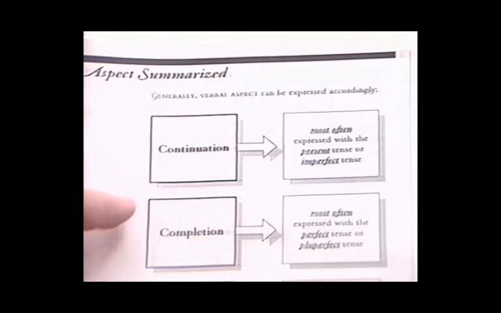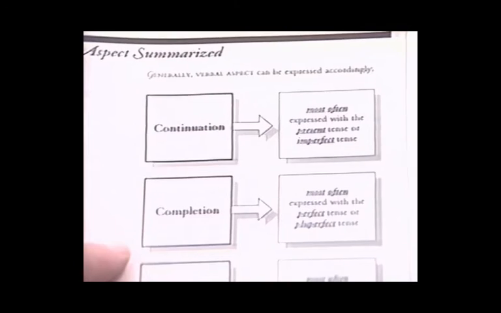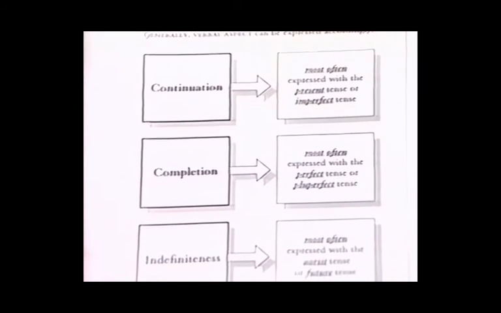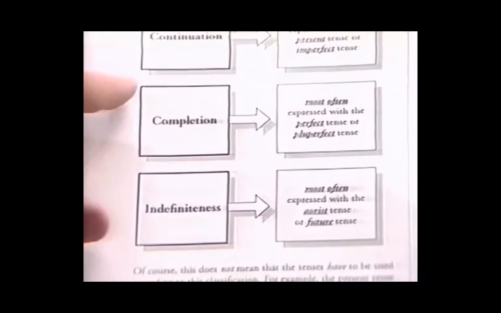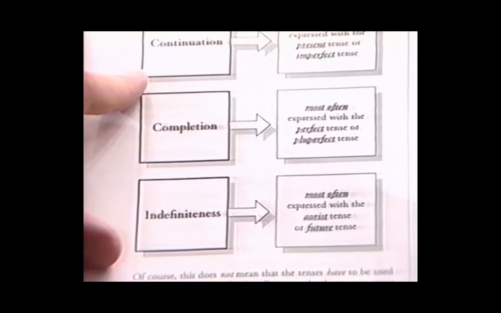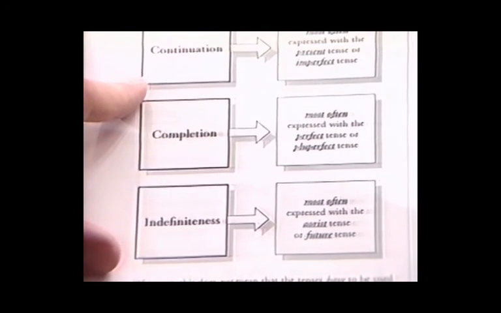Now turn to page 3-9, and we see listed here the different aspects: continuation, completion, and indefiniteness, and then showing us which tenses most often express these kinds of action.